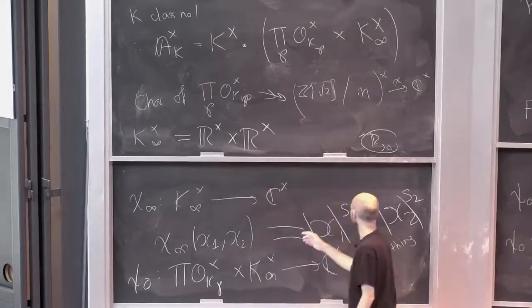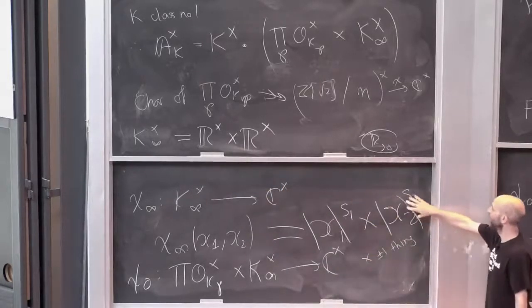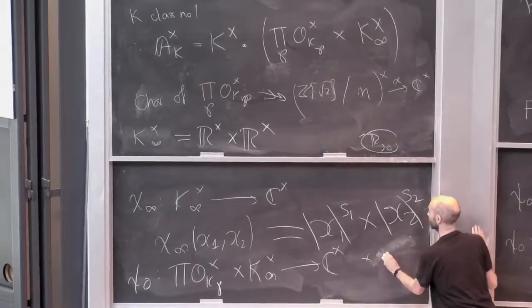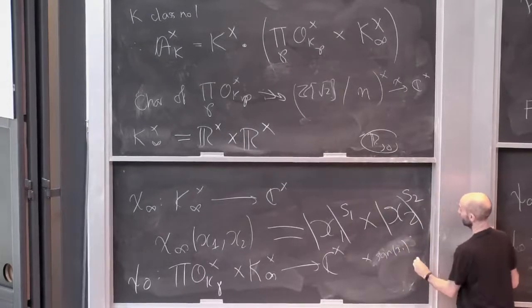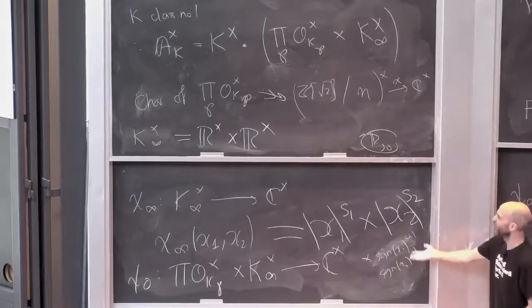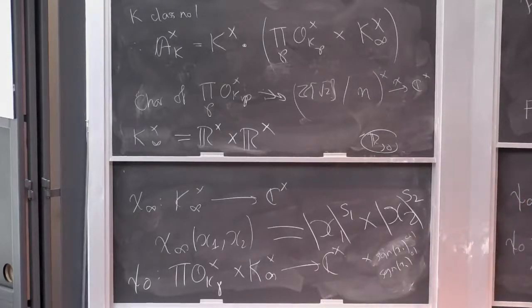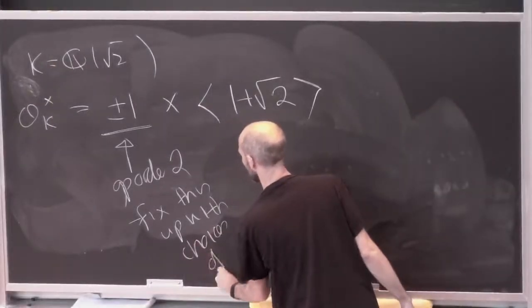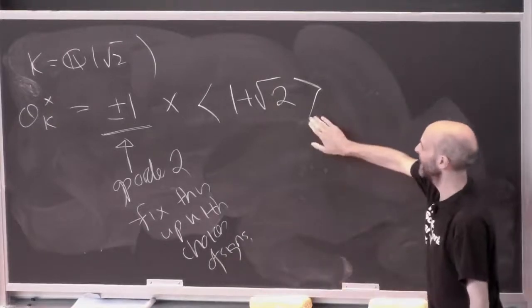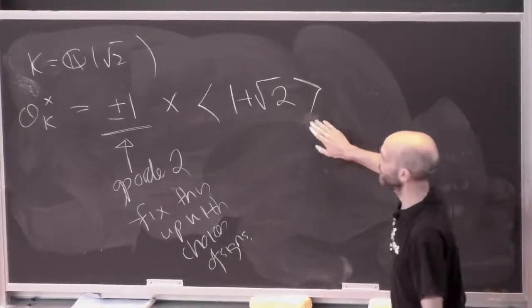This is all the reals. So there's some norm of x1 to the s1, norm of x2 to the s2, times the sign of x1 to the 0 or 1, times the sign of x2 to the 0 or 1. There's some kind of annoying sign thing. So fix this up with choices of signs. Okay, so there's just some stupid sign noise, but this is the issue, because this looks like the much more complicated thing.